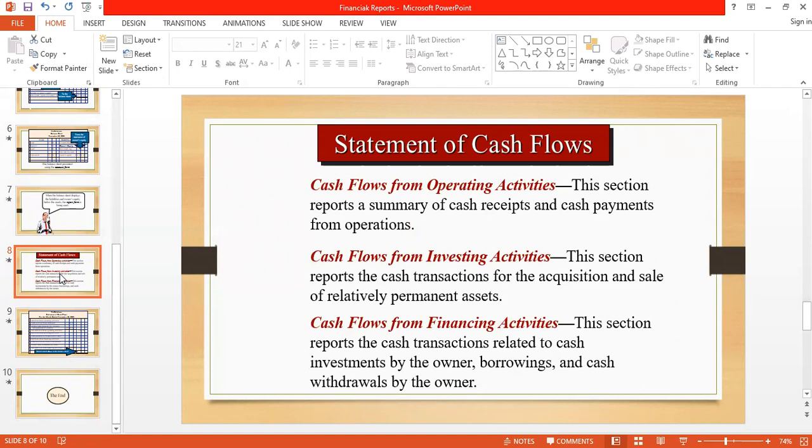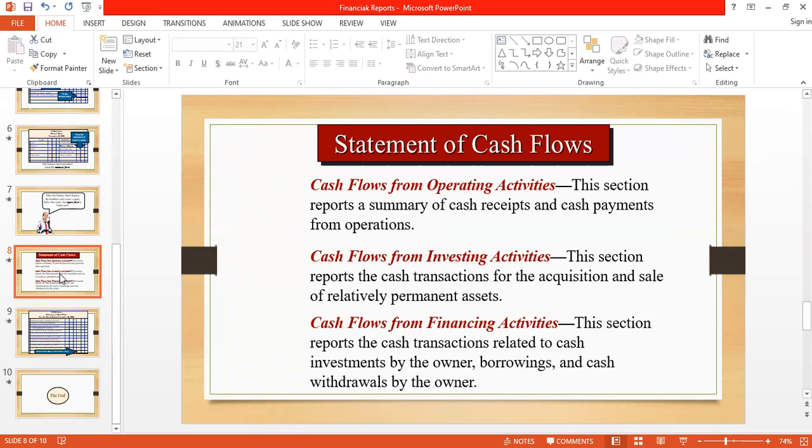While in the balance sheet, we can see that there are three components: assets, liabilities, and owner's equity. All these three components are recorded under the investing or financing activities.